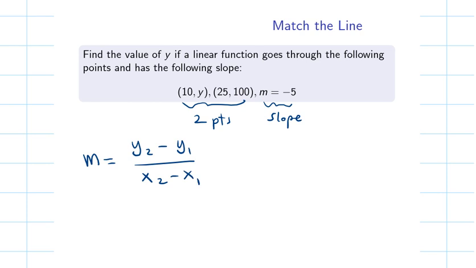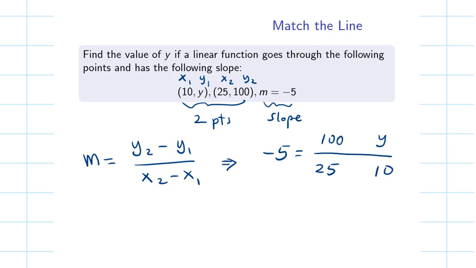This could be x1, y1, and x2, y2, and m. And so filling that in, we have negative 5 equals the ratio. So we just have to solve this equation.